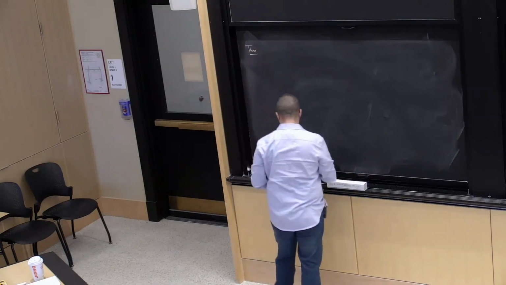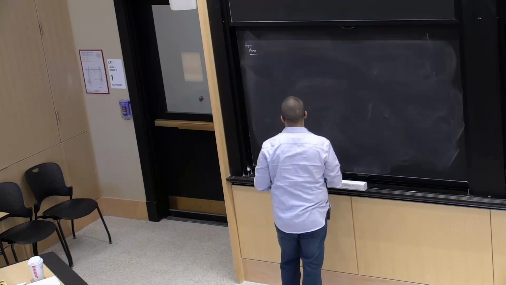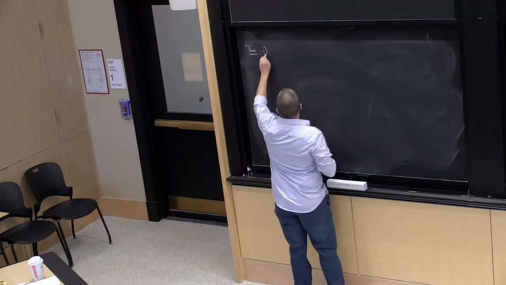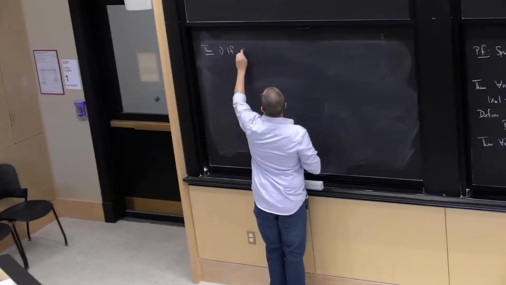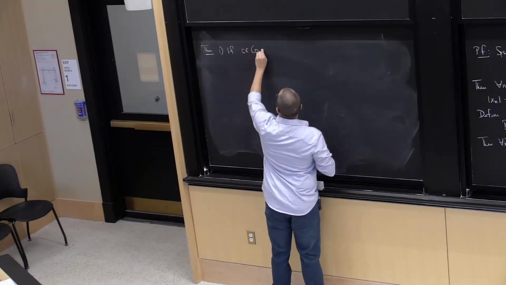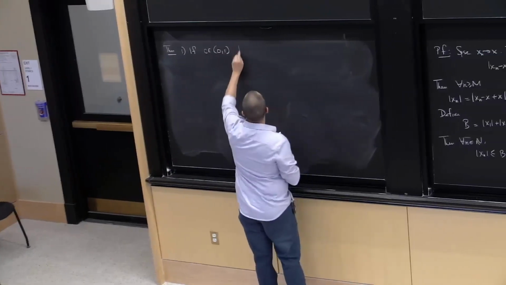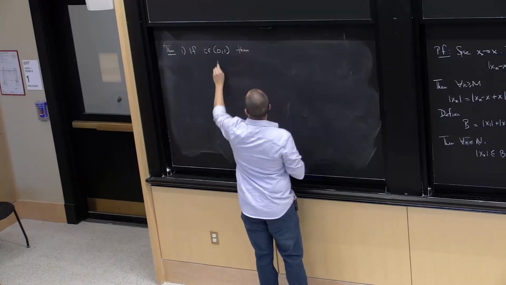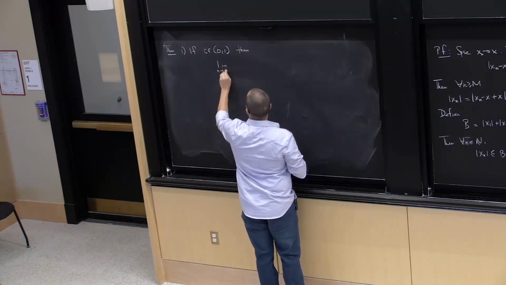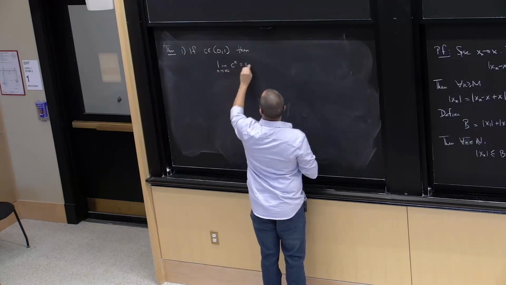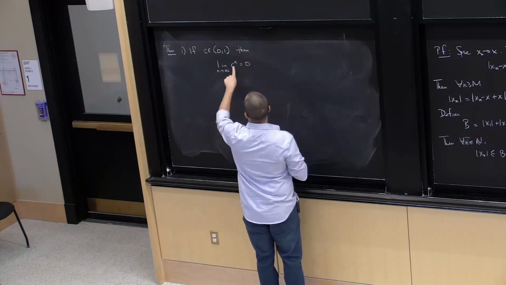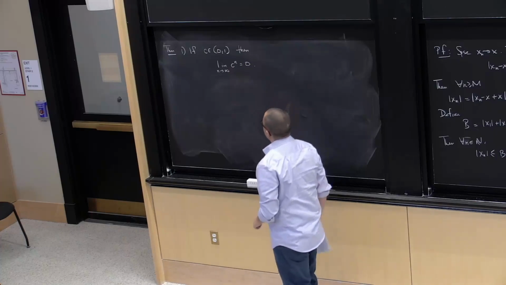And so kind of the basic one is, if you like, a geometric sequence. So if c is a positive number between 0 and 1, then we'll prove that this sequence c to the n is convergent and it converges to 0.